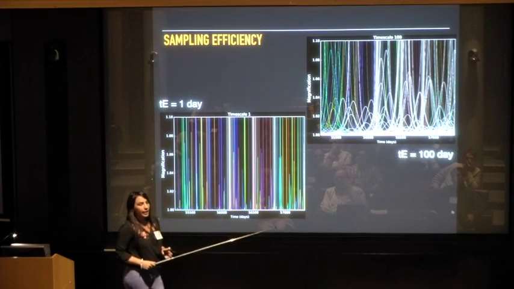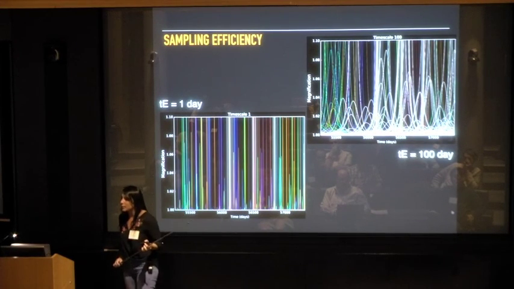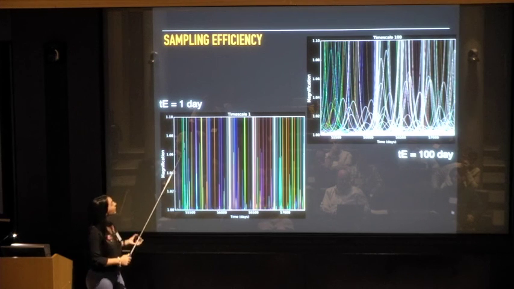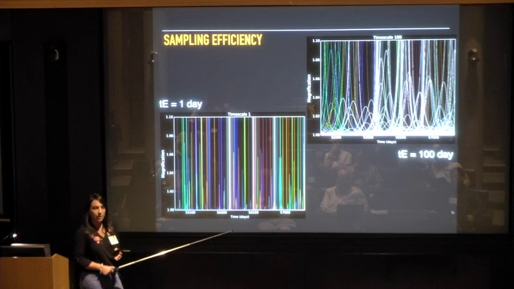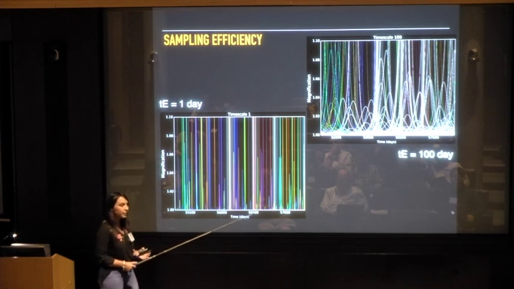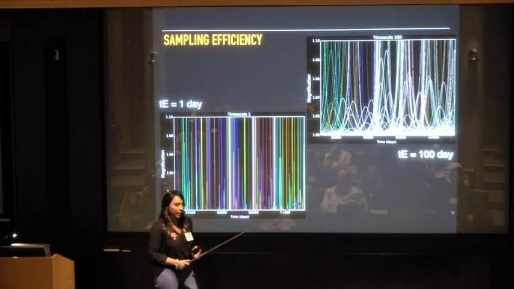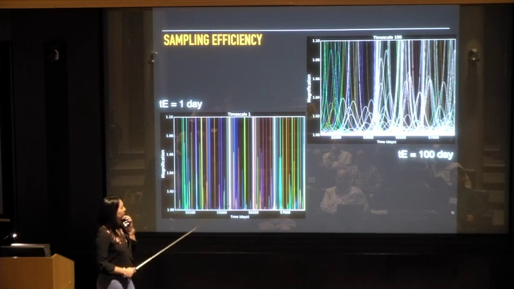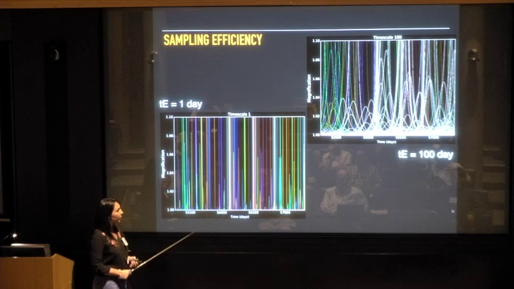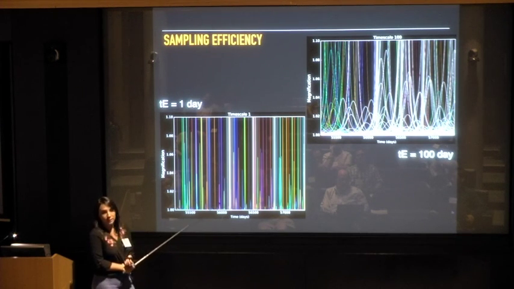Based on this, I decided to do an analysis, a sampling efficiency, because of course we are not going to detect very short timescale events, since we are observing one observation per night at best. So I created a Monte Carlo simulation of fake microlensing events using the observations of each tile.